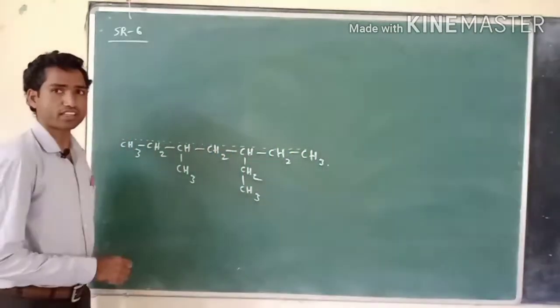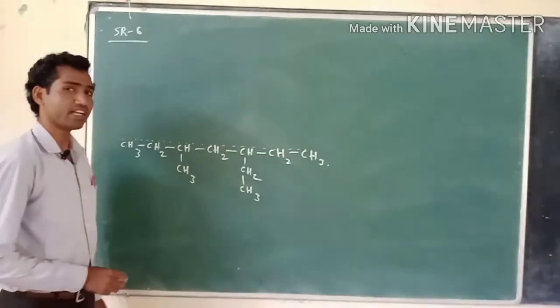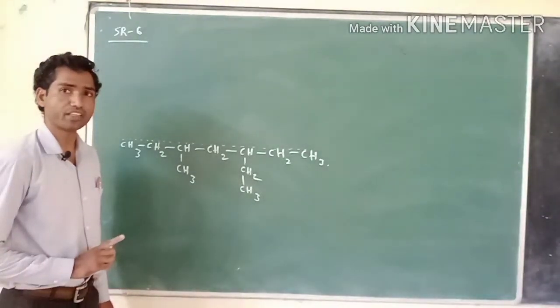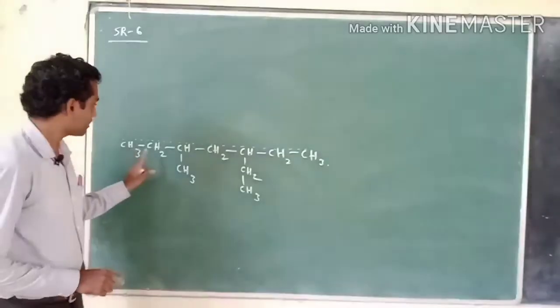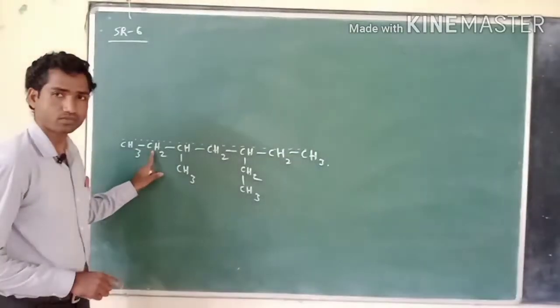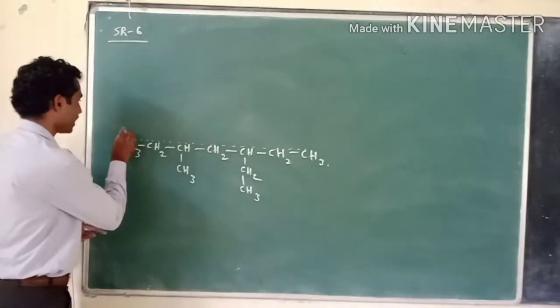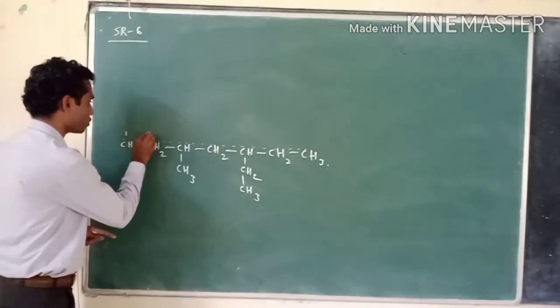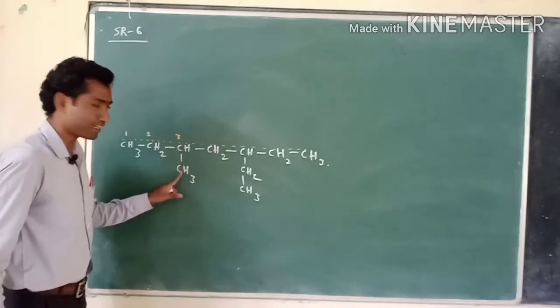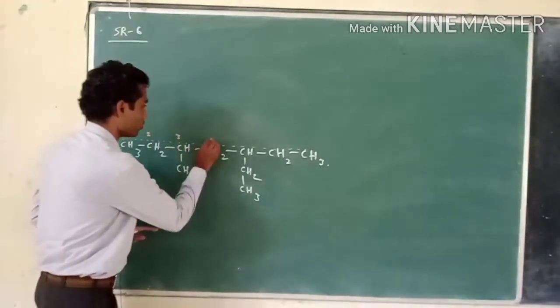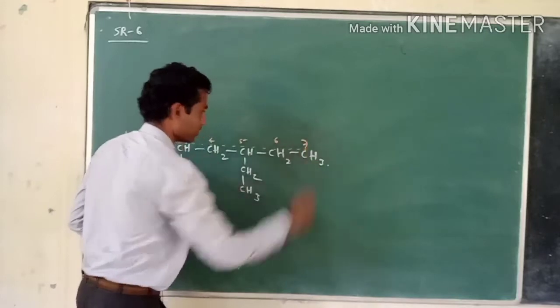Then number the longest carbon chain in such a way that the least number should be given to the carbon bearing the substituent. So there are 2 possibilities in numbering this molecule. One possibility is I can start numbering from this carbon 1, 2, 3. Third carbon will get the least number containing the substituent. 4, 5, 6, 7.